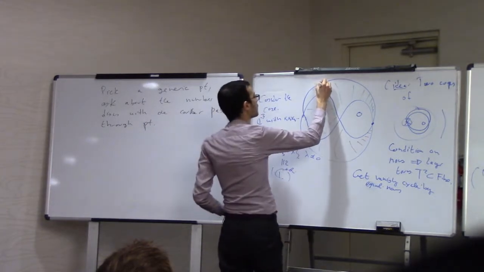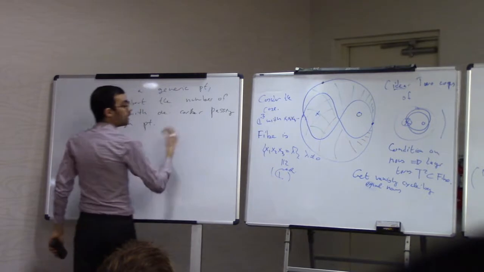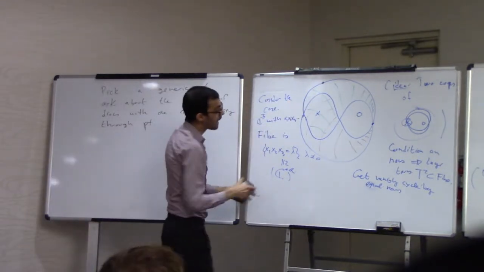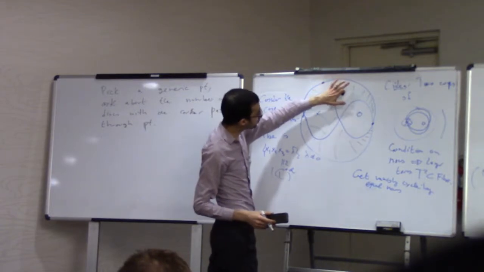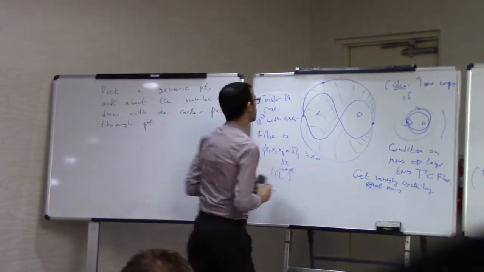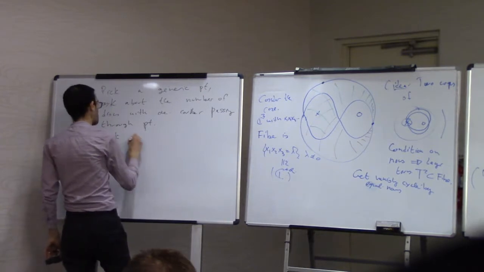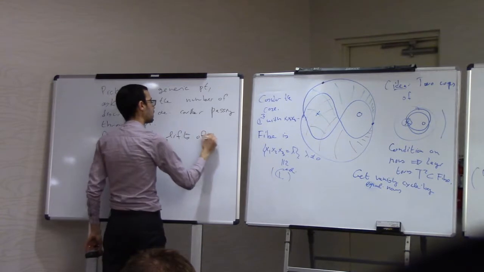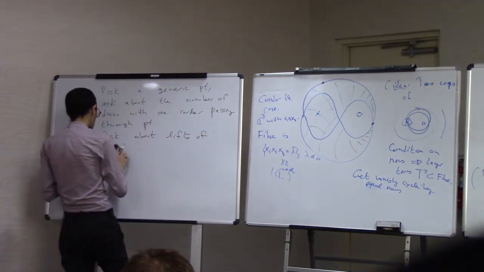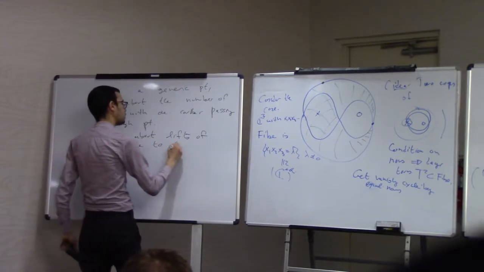So you pick it on one of these, let's say on this one. And then you are really asking about what are the lifts of this green disk in the base to the total space. Ask about lifts of one of the lobes to the total space.